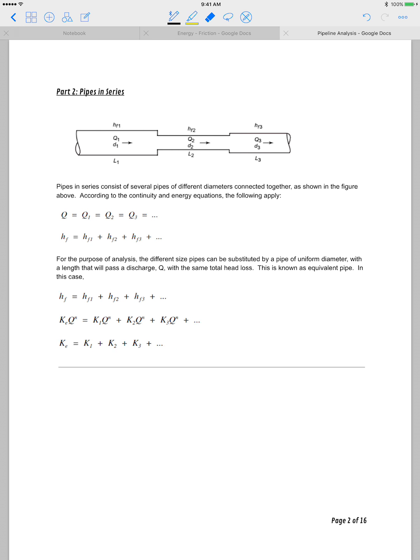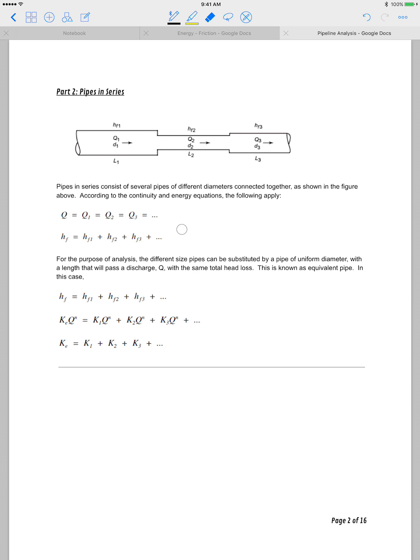Well, we know from the last page that we can take H sub F and turn it into a KQ. So H sub F1 is K1 Q^n, K2 Q^n, K3 Q^n. You add them all together, and you get H sub F, which can be substituted for an equivalent K times Q raised to the N. The equivalent K could be K1, K2, K3 all together now.